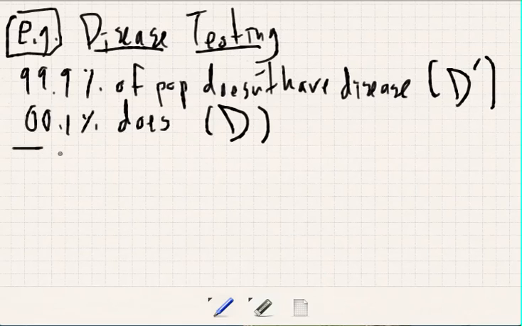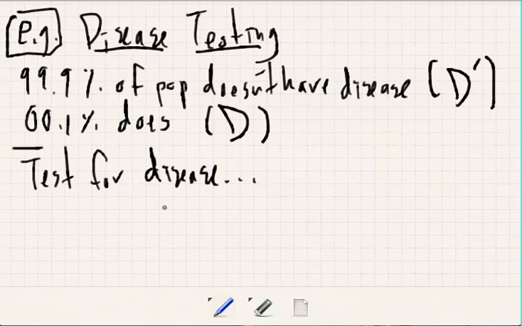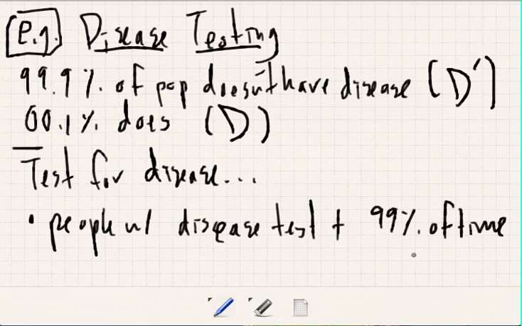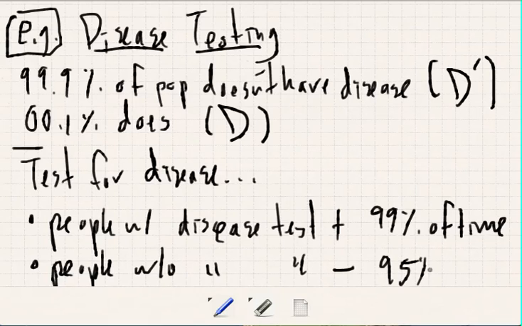Now there's some test for the disease, and it satisfies this. People with the disease test positive 99% of the time, and people who don't have the disease test negative 95% of the time.